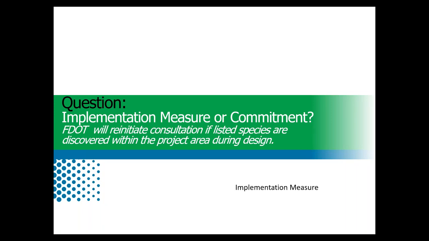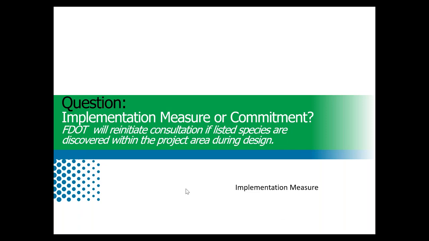This would be an implementation measure because, through obligations of the Endangered Species Act, FDOT would be required to reinitiate consultation if any discoveries occur at any point during the project phase. This could be if listed species are newly discovered in the project area or if species are newly listed under the Endangered Species Act. There are several triggers in which case FDOT would have to reinitiate consultation, but we would never list this as a commitment. It would be an implementation measure.